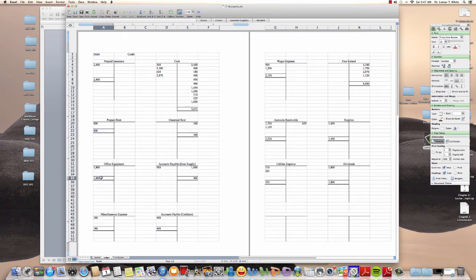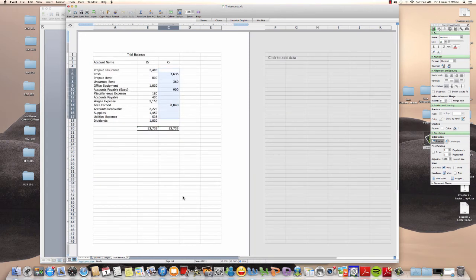Number 2, if the difference between the debit and credit columns can evenly divide by 2, then the error may be due to entering a debit as a credit balance or vice versa.